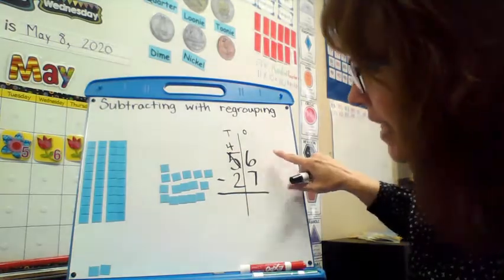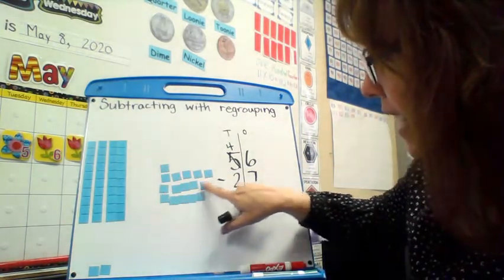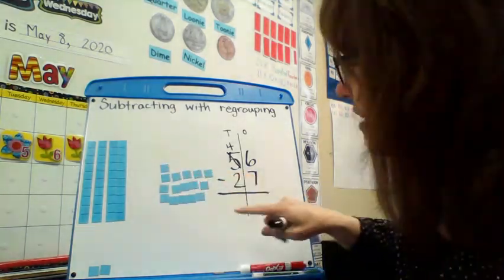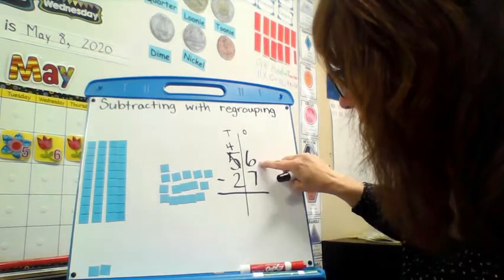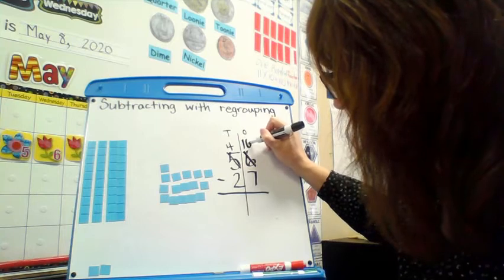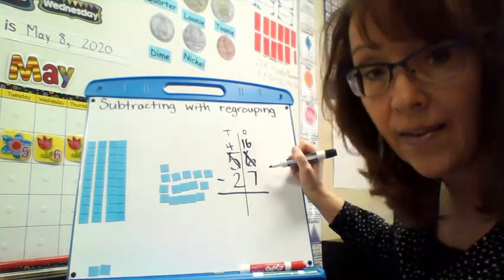I have that 10 that I've brought over and I've split it apart. And now I can see I have how many? Well, I have 10, 15, 16. So now I have 16 here. I'm going to cross this out and show that I have 16. If I have 16, can I take 7 away?